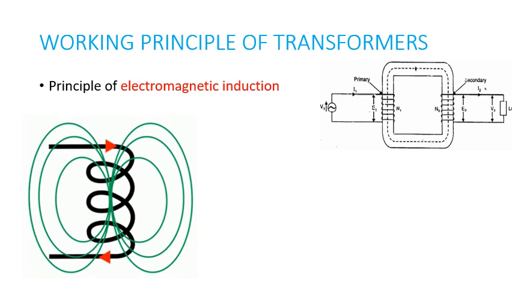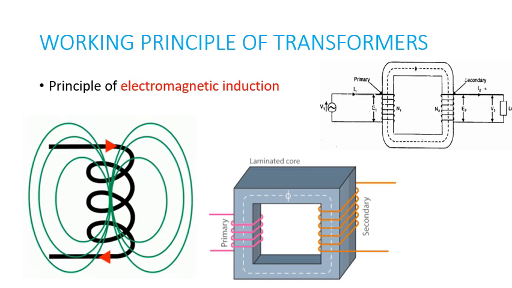According to Faraday's law, E1 is equal to minus N1 into d phi by dt, and E2 is equal to minus N2 into d phi by dt. From these two equations, we can write E2 by E1 equal to N2 by N1.